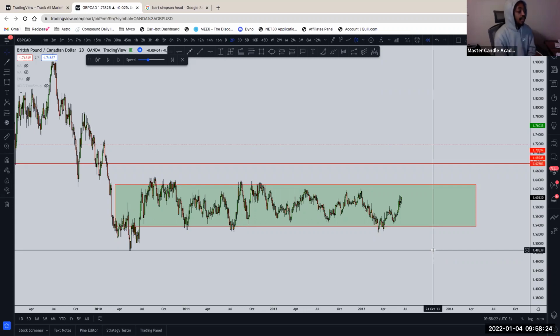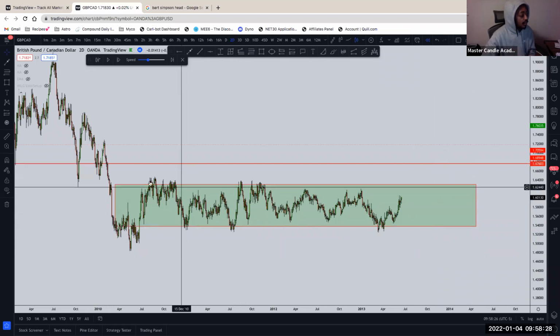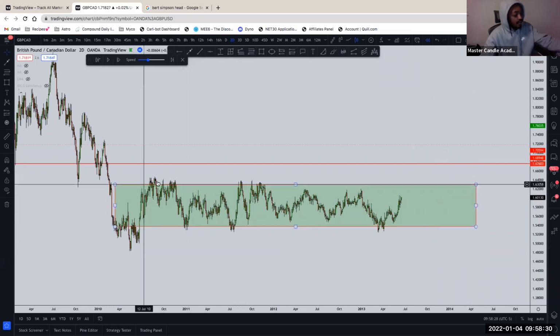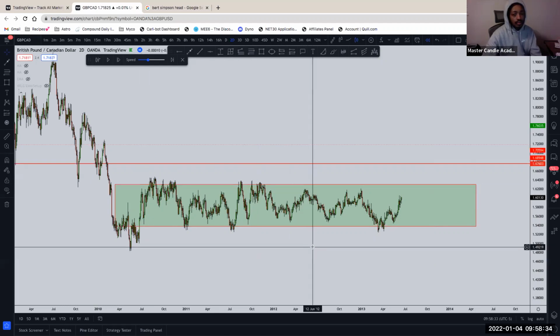So when coming to the market to identify a Bart Simpson or launch pad, you want to get an idea of where baseline support and resistance is. Now, I believe Will asked me what time frame I am identifying these patterns on. Do you see why I say it's a little bit better to use a higher time frame?